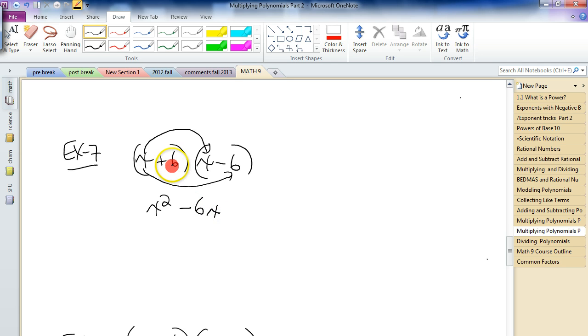I guess I should have, for those of you who are following exactly what I do and get bothered by me doing something slightly different. First, outside, x times negative 6 gives you negative 6x. Now we do the inside terms. Positive 6 times x is positive 6x. Positive 6 times negative 6 is negative 36.